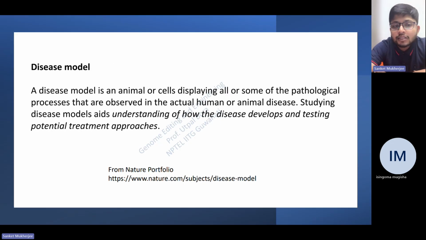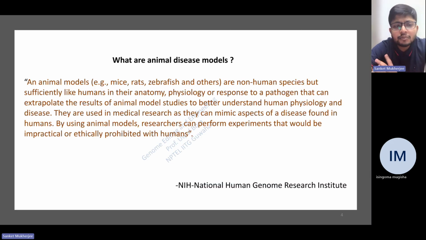So what is a disease model? A disease model is an animal or a cell that displays all or some of the pathological processes that are observed in the actual human or animal disease. Studying a disease model aids understanding of how the disease develops and testing potential therapeutic approaches. So what are animal disease models?